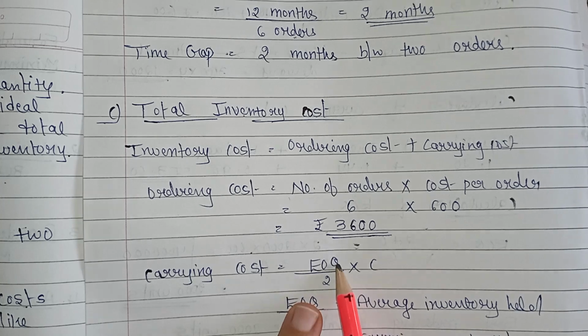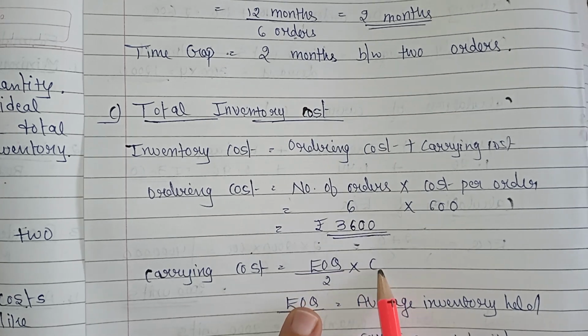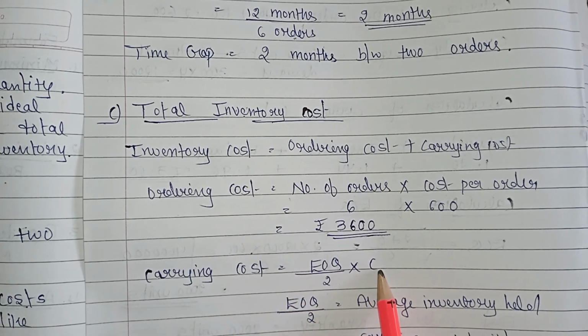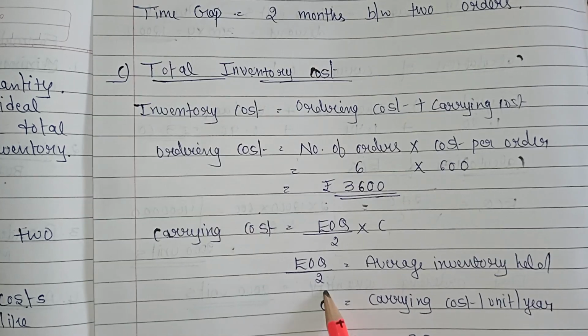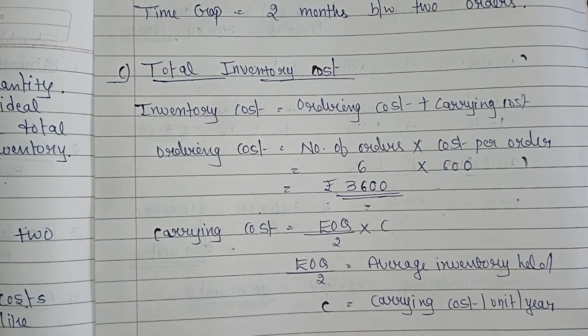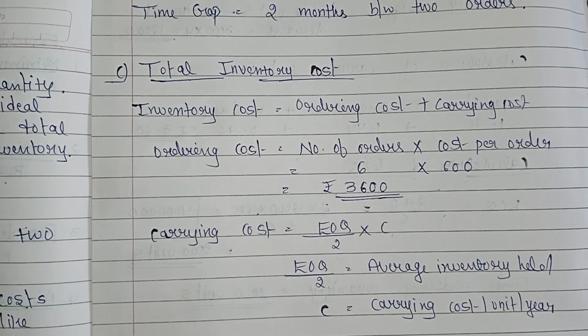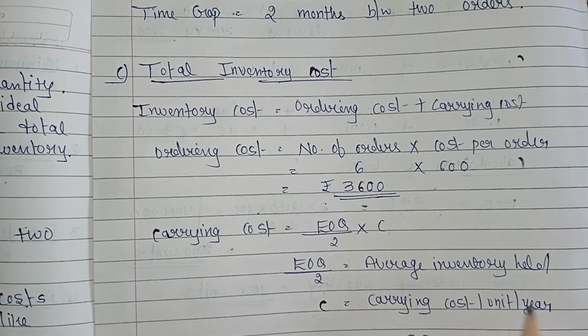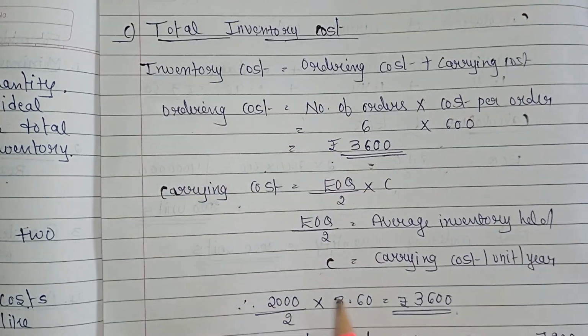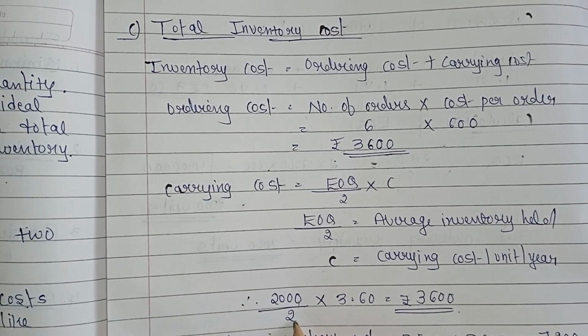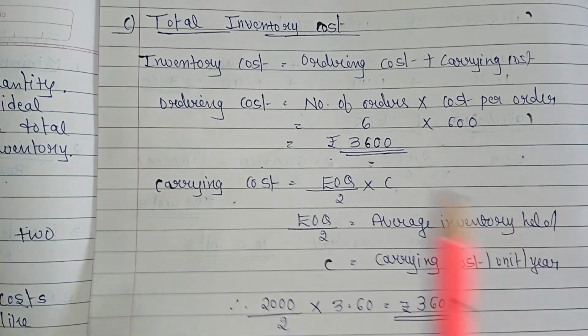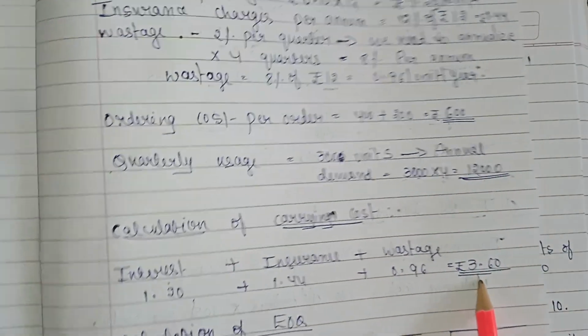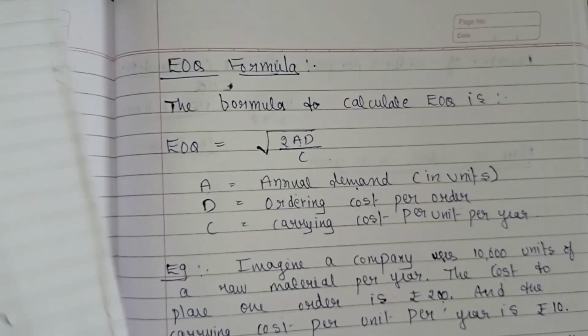Now we need to calculate the carrying cost. The formula is EOQ divided by 2 into carrying cost per unit per year. EOQ divided by 2 means the average inventory. So EOQ is 2000 divided by 2, and our carrying cost per unit per year is 3.60.